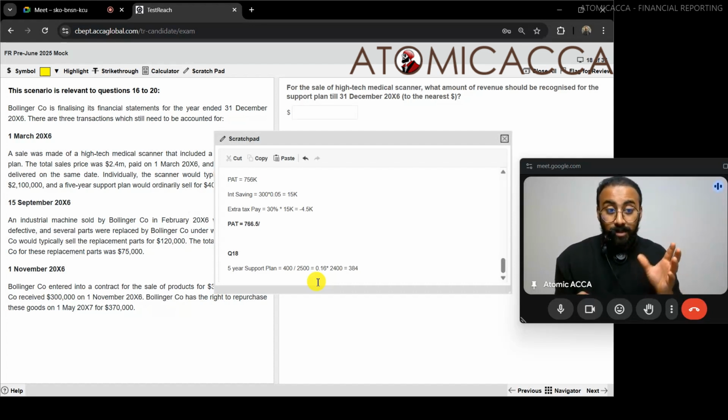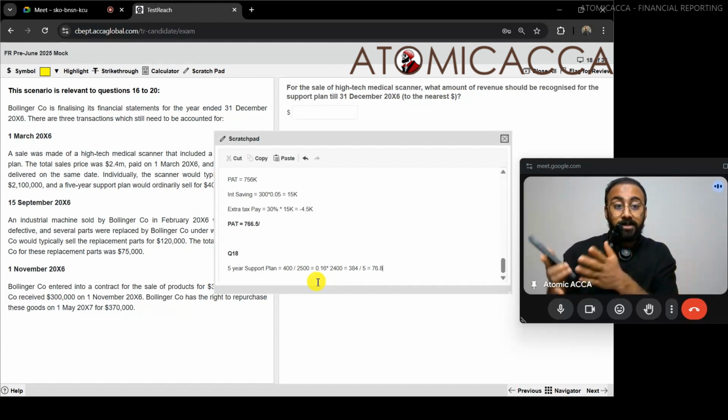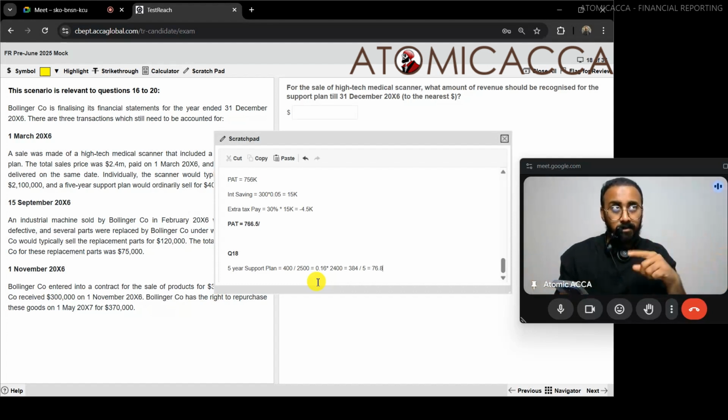384,000 is the value that I have to spread across the 5-year support plan. If I want to find the 1-year value, that will be 384 divided by 5, which equals 76.8. This is for 1 year. Now, out of this, how much do I need? I want from 1st March to 31st December. That's a 10-month period. Jan, Feb, March, April, May, June, July, August, September, October, November, December.